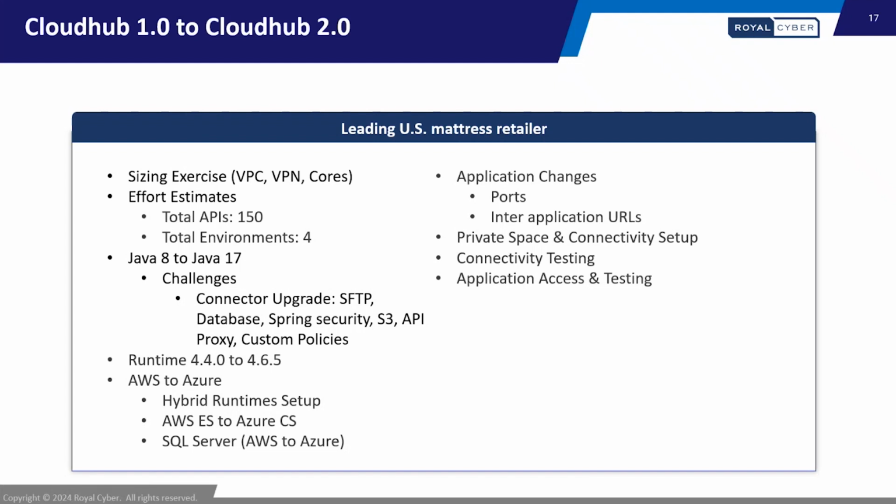So we made sure that applications were working properly with respect to functionality, as well as able to access all those systems. We took around 2.5 months for all this migration effort across 4 different environments, starting from dev, SIT, UAT, and then production. And this was really a success story.